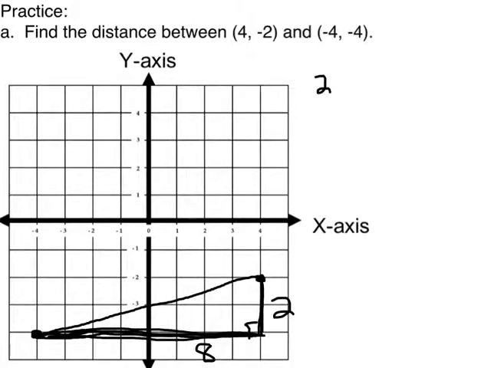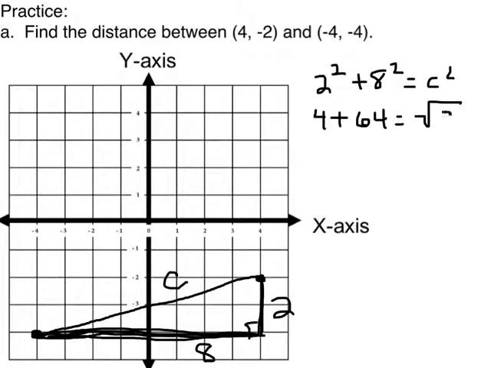So 2 squared plus 8 squared equals c squared. This is c, and that's what we're looking for, the distance. 2 squared is 4. 8 squared is 64. That will equal c squared, so 68 equals c squared.